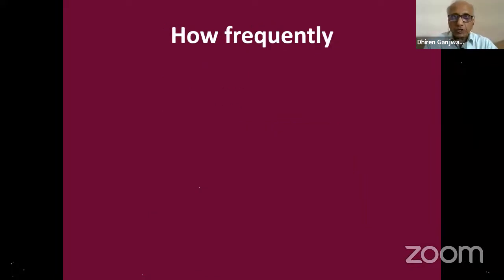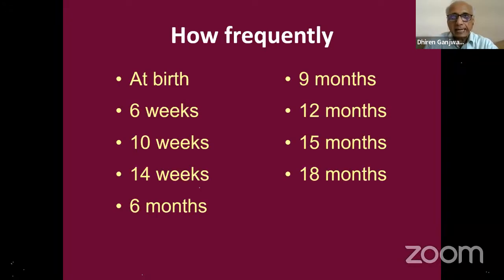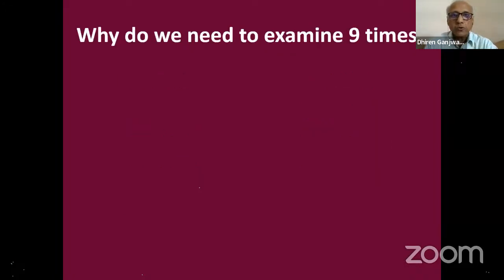Then comes the next question: how frequently? This is where the major challenge is. The guideline says that we need to carry out the examination nine times. The question is, why do we need to examine nine times?